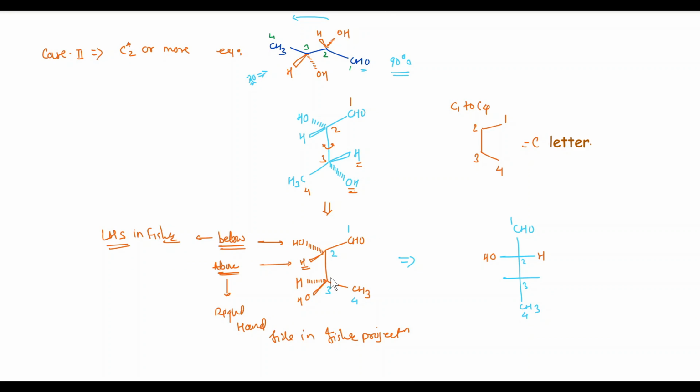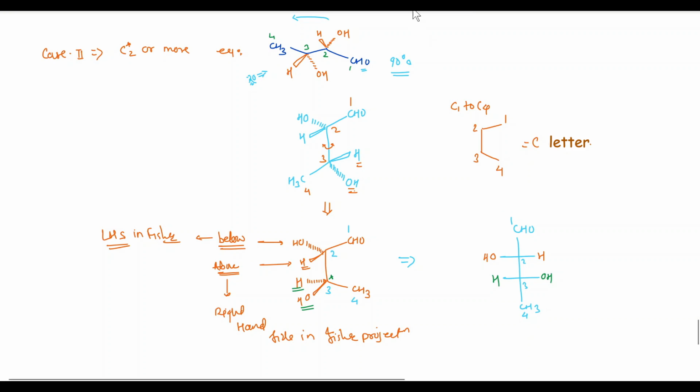Similarly, for carbon number 3, the group which is shown by a darker line or wedge line, we have to write on the right hand side in the Fischer projection formula, and the group which is on the bottom side in the dotted wedge line formula, we have to write on the left hand side. This is the basic condition during the conversion of the dotted wedge line formula into the Fischer projection formula.